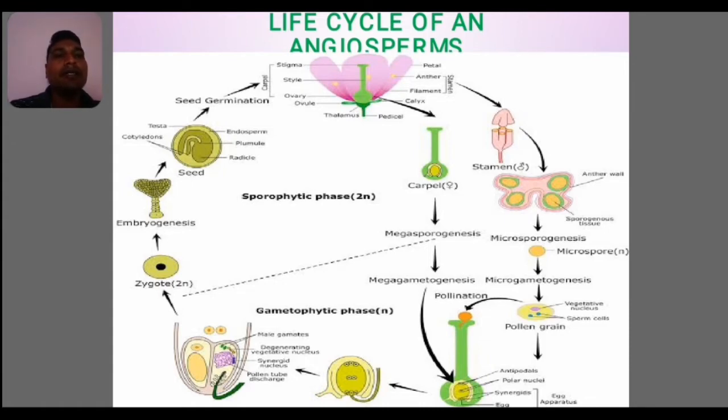The haploid, gametophytic phase starts from the formation of microspores by microsporogenesis and ends with the formation of the diploid zygote. So in both phases, the life cycle of the angiosperm is completed.